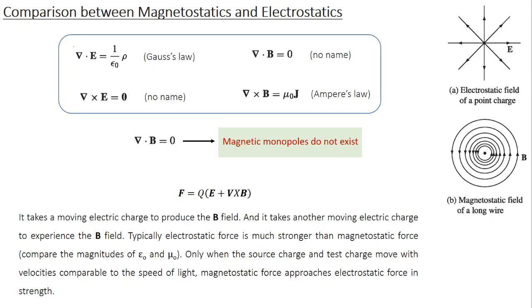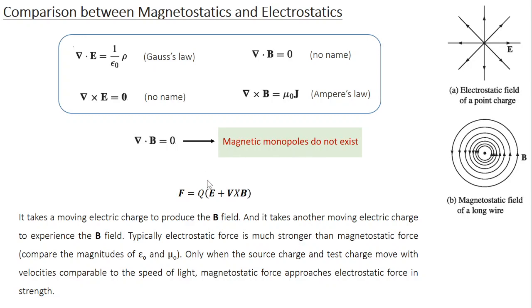In other words, magnetic monopoles do not exist. Probably this is the most important fundamental difference between an electrostatic field and a magnetostatic field. In electrostatic field, you can have a monopole which exists completely independent of others. On the other hand, in the case of magnetostatic field, you cannot have a magnetic monopole existing independent of others.